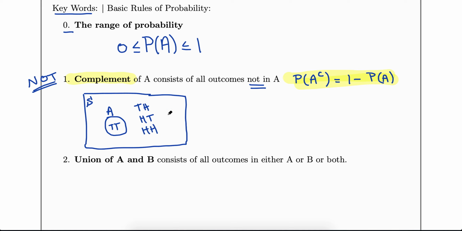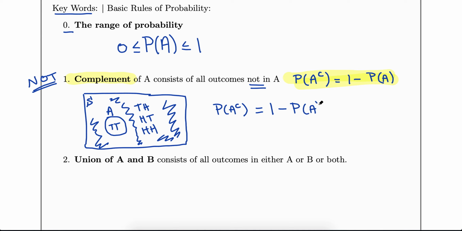So if I'm curious about the probability that A does not happen, that means I'm interested in not this little circle with A, but all this other stuff outside of A. Shading in, sorry this is bad shading, all this other part, everything except for that circle of A. So the probability that that happens is 1 minus the probability of A, according to our formula, or 1 minus, and the probability of A was 1 out of the 4 outcomes, which leaves me with 3/4, which makes perfect sense.